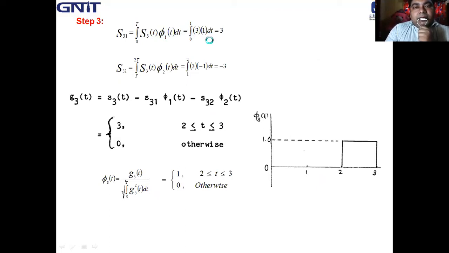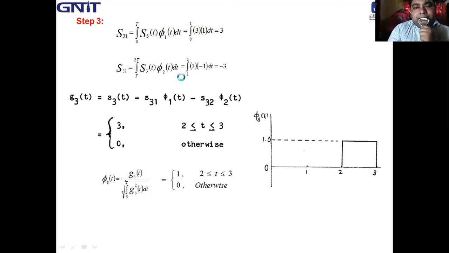So it is 3. And similarly S32 is the integration of S3(t) phi 2(t) dt. Now phi 2(t) belongs to 1 to 2.